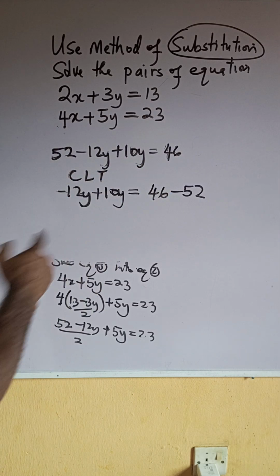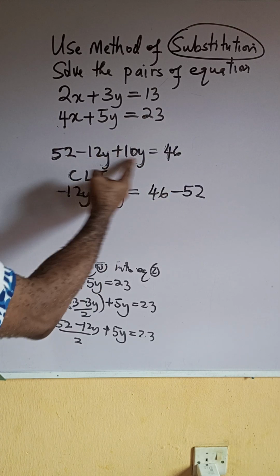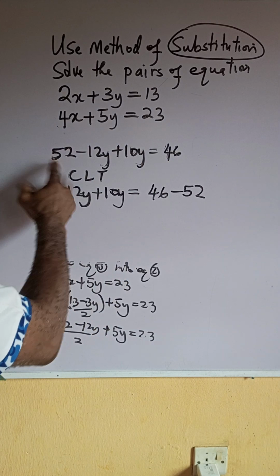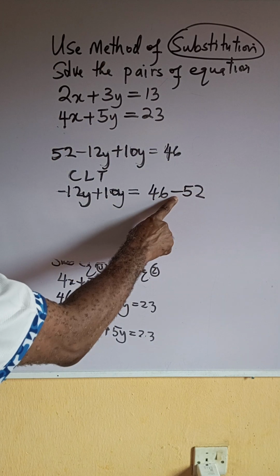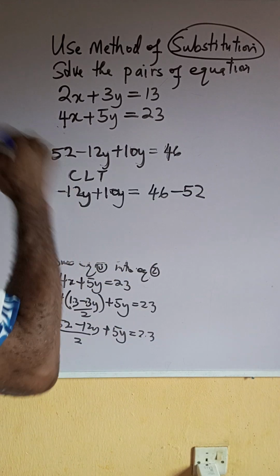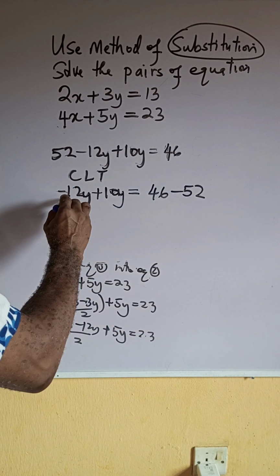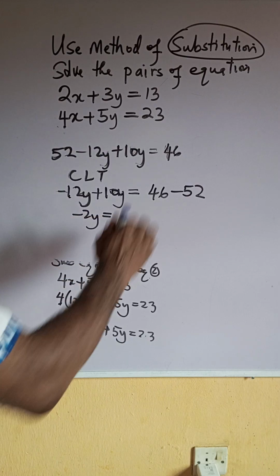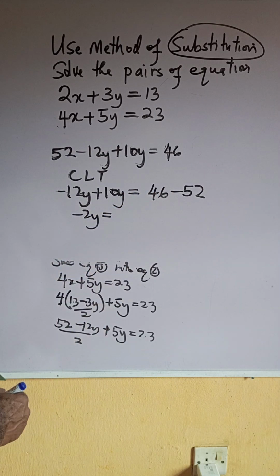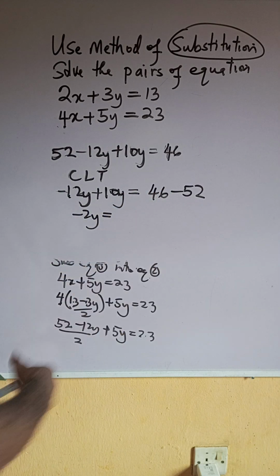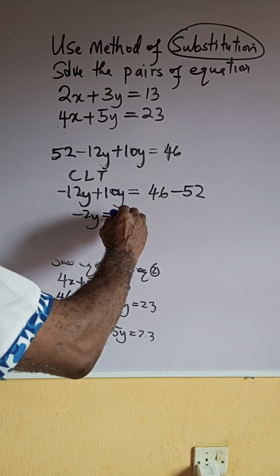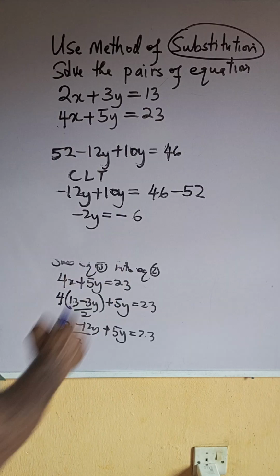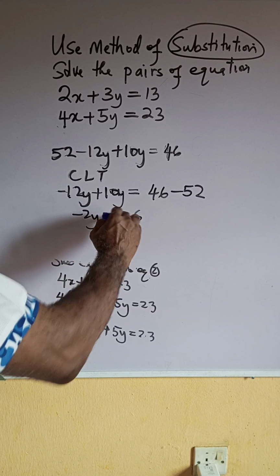We collect like terms. Moving 52 on the left hand side to the right hand side, it changes to minus 52. All right, so minus 12y plus 10y is minus 2y is equal to, now 46 minus 52 will give us a negative value, which is minus 6.